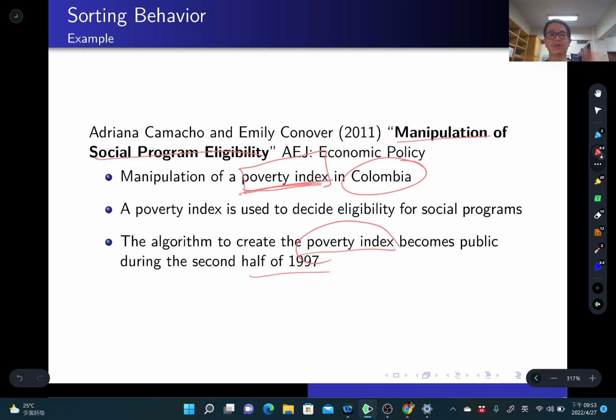So before 1997, no one really knew how the government determined the poverty index, the algorithm to create it. But after 1997, people know that, so they will manipulate this to make sure they can receive the cash transfer.